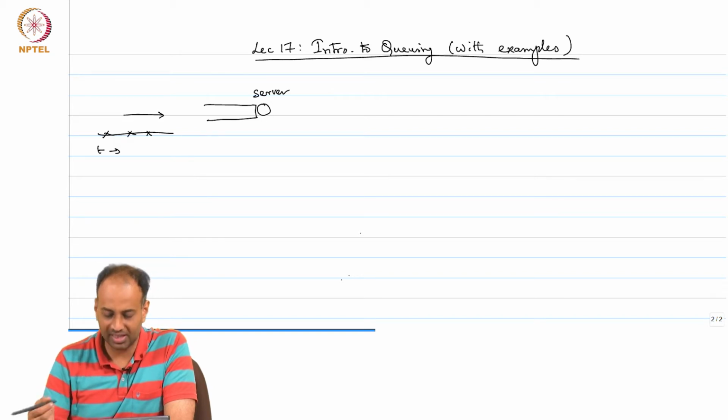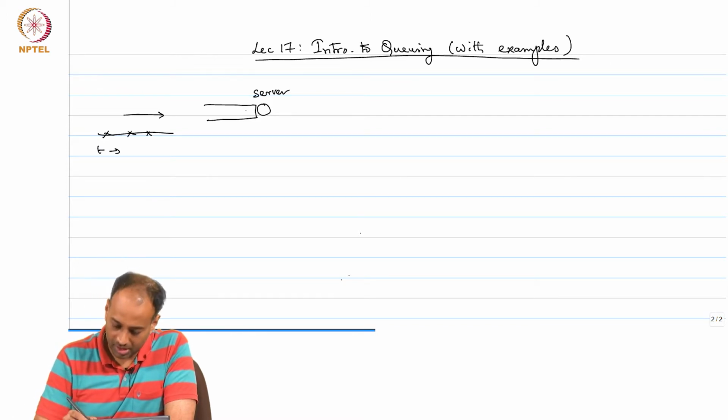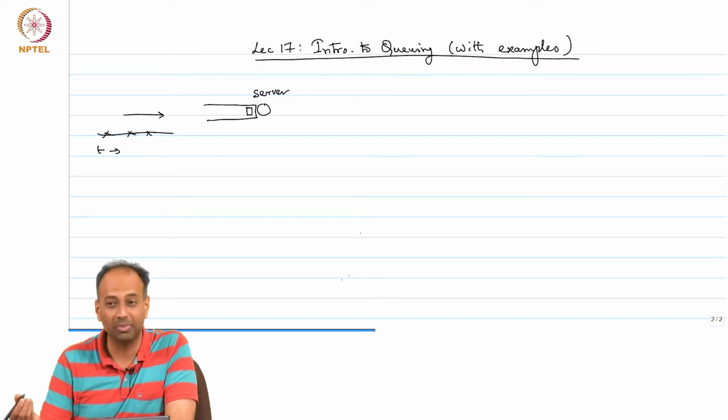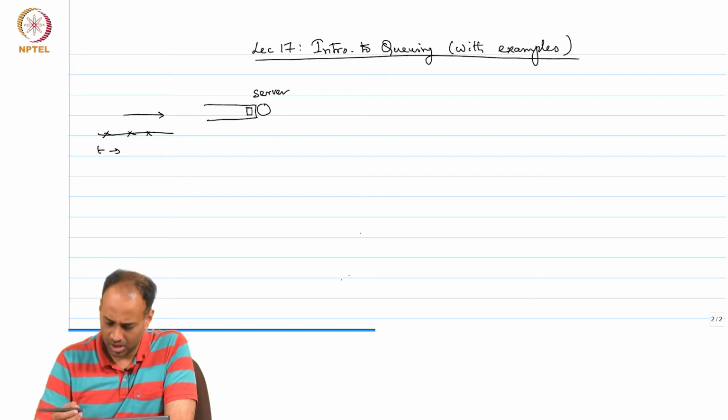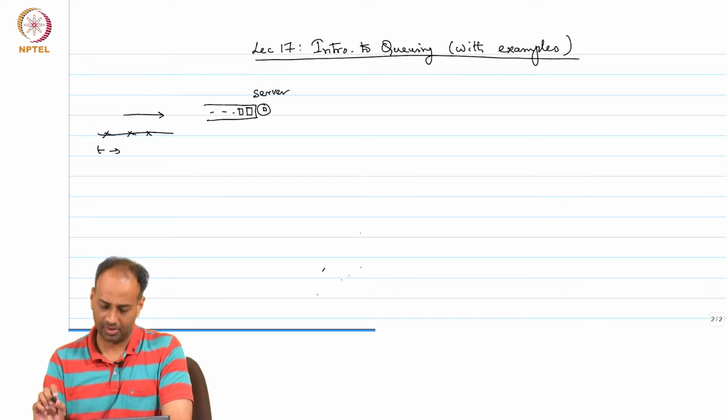And the server takes some time to serve each customer. Okay. The server may be empty, which means there is nobody being served, or there could be somebody being served, and if somebody comes during the service interval of a customer, they will just queue up and wait for service.